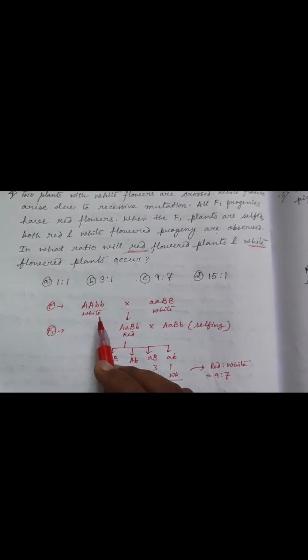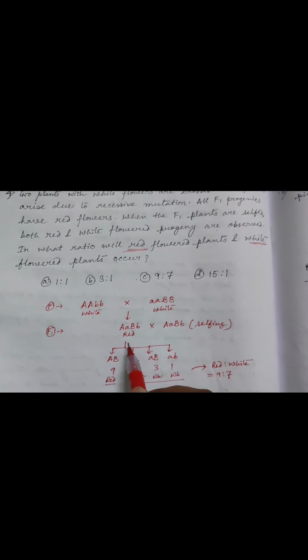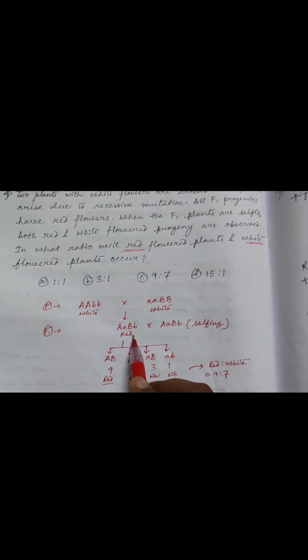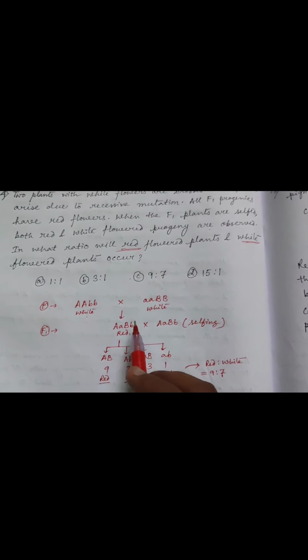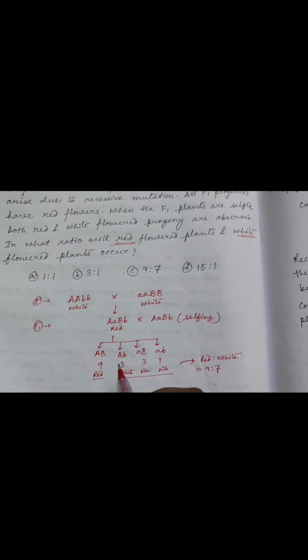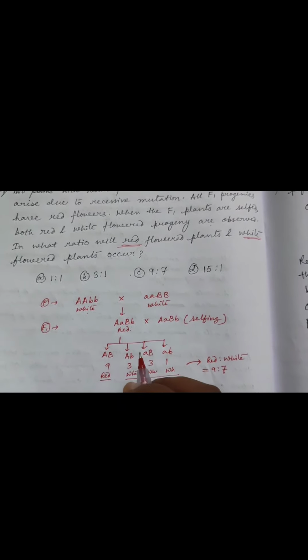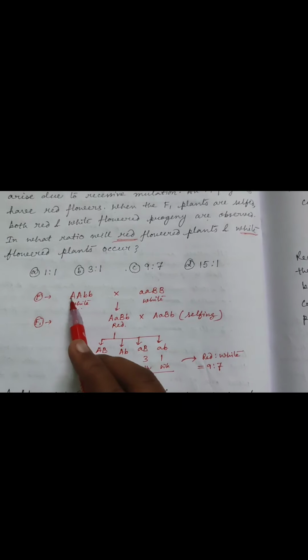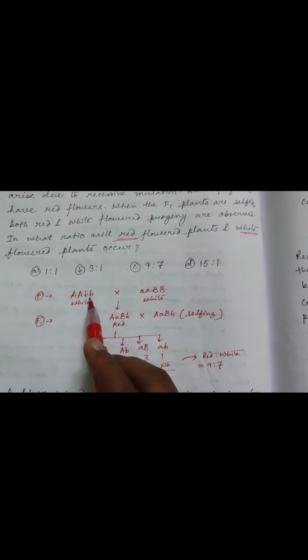We can easily say that when two white colored plants are crossed and red colored progeny is produced, that means it is a condition of double recessive epistasis or complementary gene interaction, where the ratio is 9:7. So see here, white means capital A, but small b.